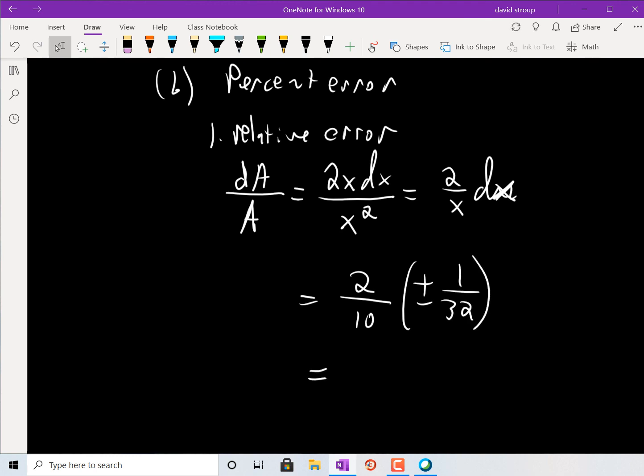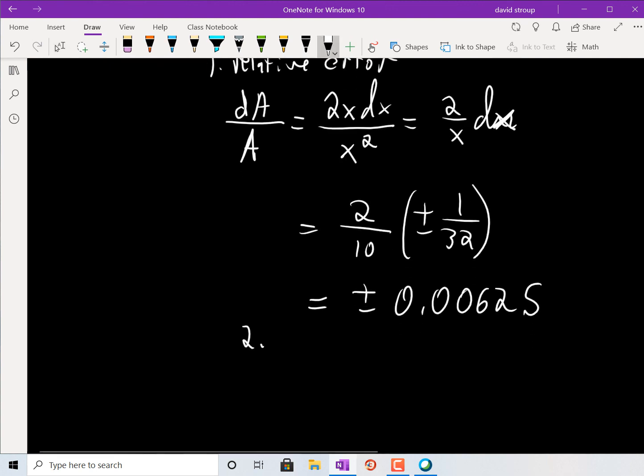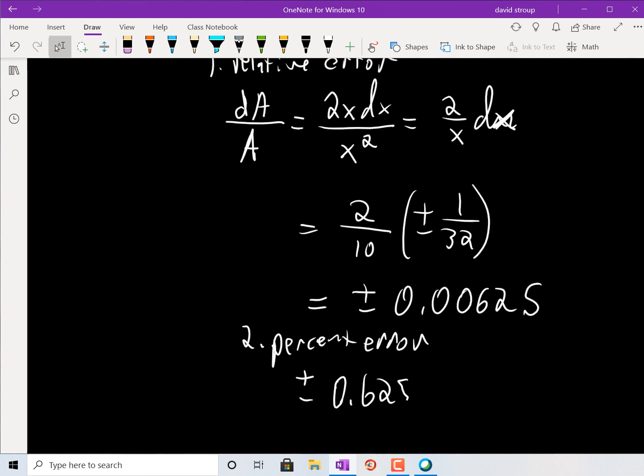As a decimal, that'll be plus or minus 0.00625, and that's your relative error. For the percent error, all you're going to do is multiply that by 100%. So your percent error is plus or minus 0.625%. Not a big deal.